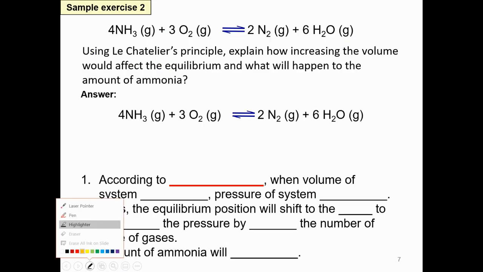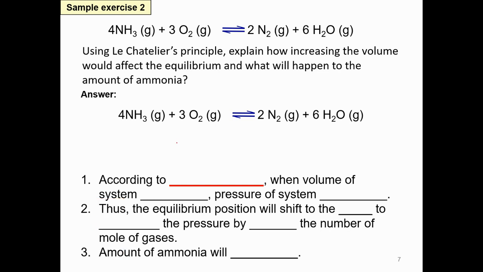Now let's try one exercise. Using Le Chatelier's principle, explain how increasing the volume, the hint is increasing volume, pressure decreases, would affect the equilibrium, and what will happen to the amount of ammonia. Now we focus on equilibrium position first.